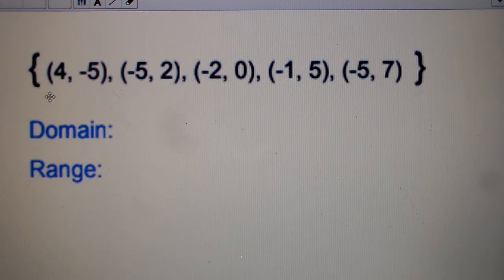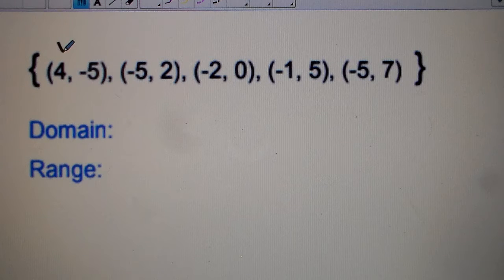This is our data. Our domain just refers to the x values, so that means 4 is an x value, -5 is an x value, -2 is an x value, -1 is an x value, and -5 is an x value.